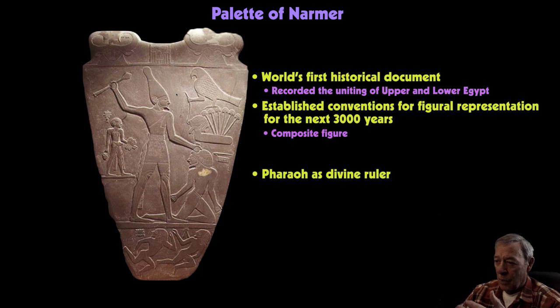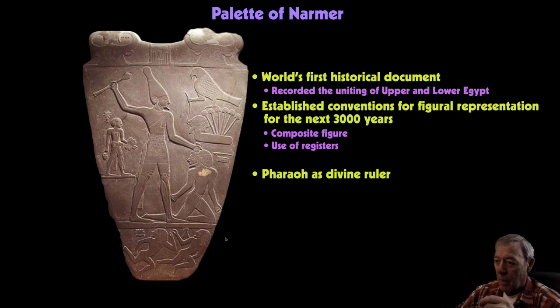Another thing that we see here is the use of registers. Registers are these horizontal zones, basically, that the composition is divided into. So in this case, one register serves as kind of the ground plane for the pharaoh to be standing upon, but it's a way of organizing a picture plane through registers.